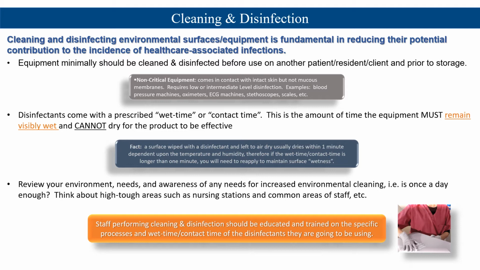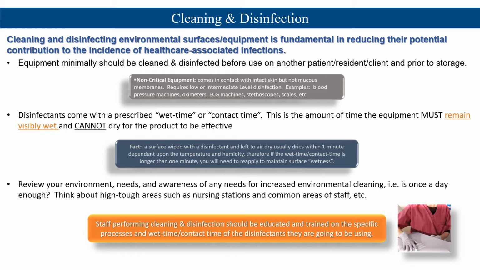Minimally, equipment should be cleaned and disinfected before use on another patient, resident, or client, and prior to storage. Looking at your processes, you want to make sure that you have a process so that equipment is not going to get to another patient, resident, or client before it has been cleaned or disinfected. And when I talk about equipment, I'm referencing non-critical equipment, so that equipment that comes in contact with intact skin but not mucous membranes.